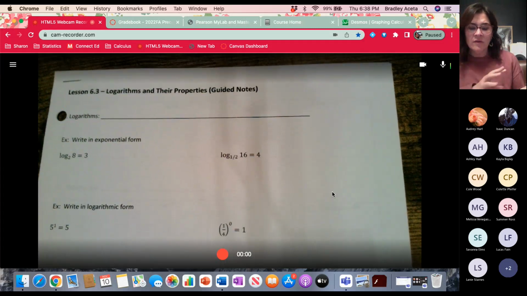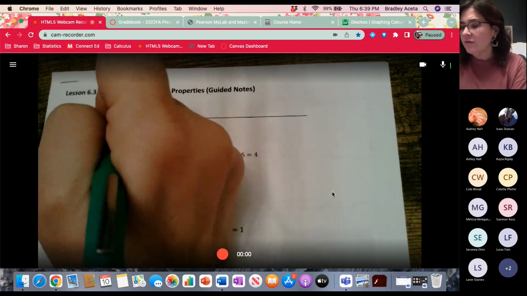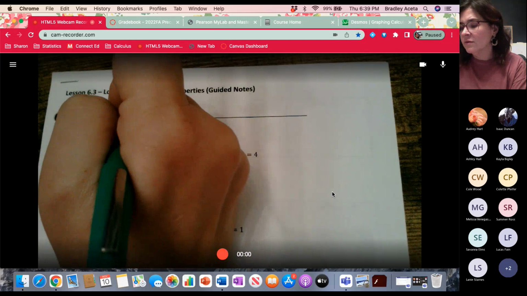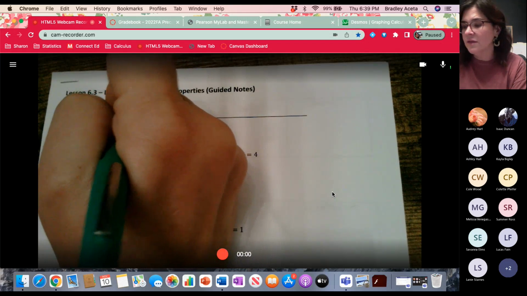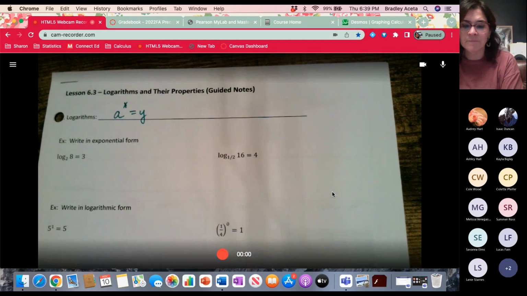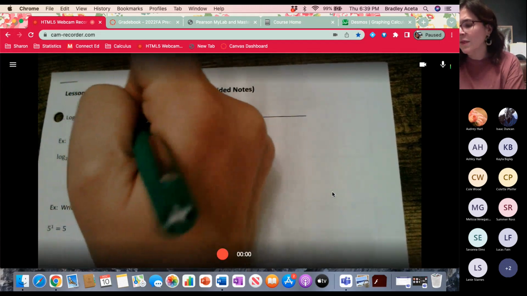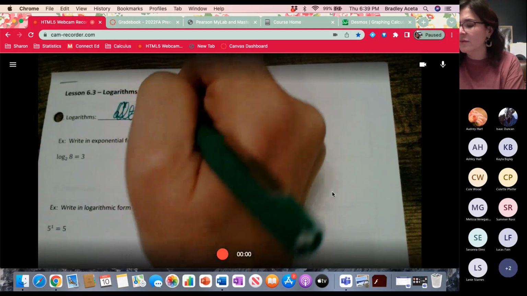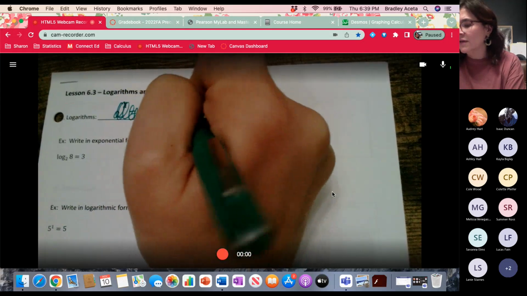So logarithms are the inverse of exponentials, which we were just doing before. If you have an exponential, a to the x equals y, actually, I'm going to rewrite it the way they do: a to the y equals x.